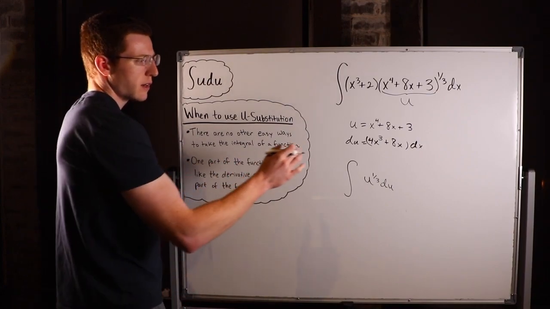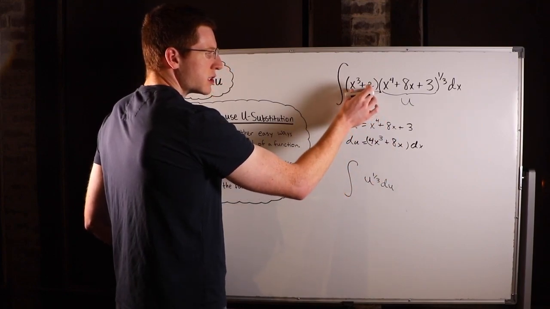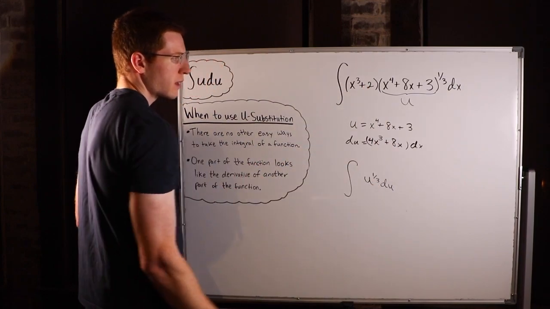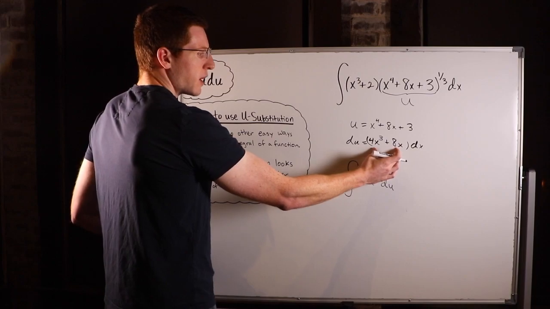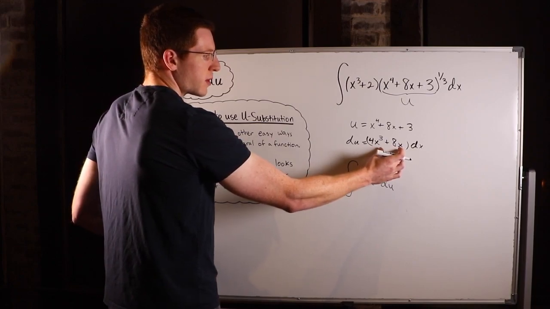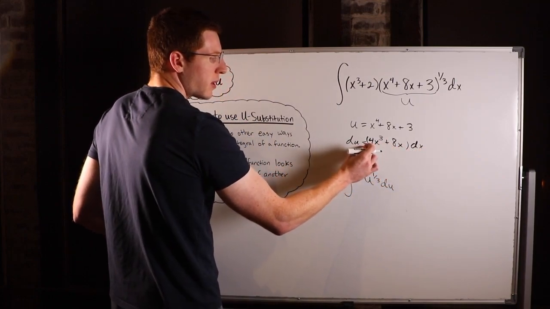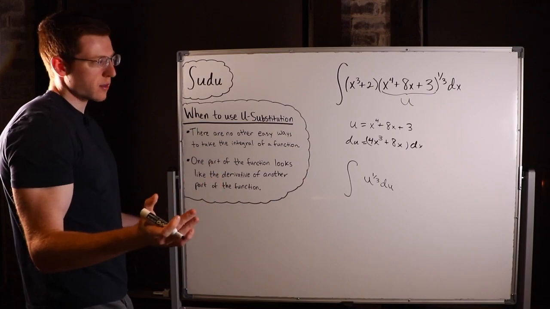Well, if you notice here, 4x cubed plus 8 is really similar to this, but it's raised by a factor of 4. So if I want to represent x cubed plus 2 by 4x cubed plus 8, and remember this dx here is going to take care of that dx, I could multiply this whole term through by 1/4.